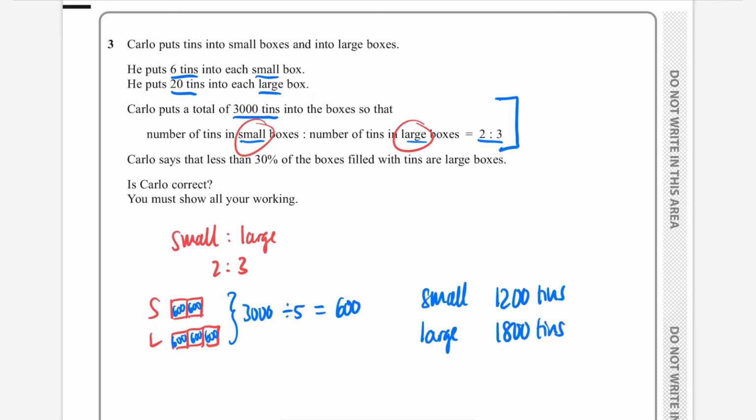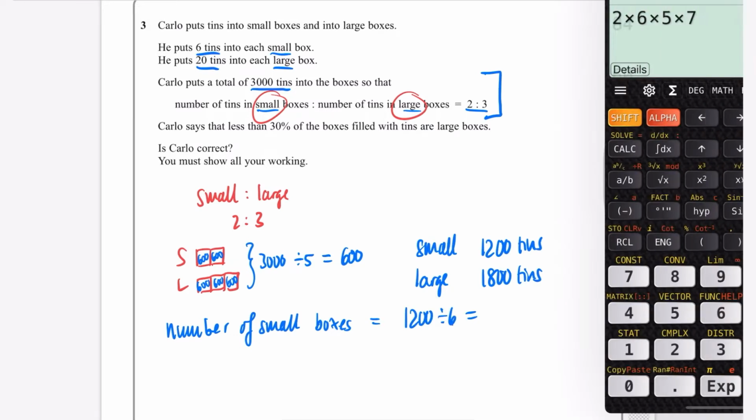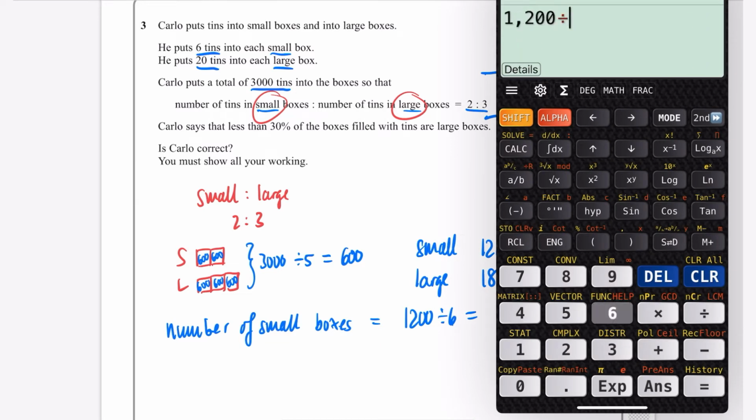Now I'm actually going to read what the question says. Carlo says that less than 30% of the boxes filled with tins are large boxes. Okay, so we now need to think about the boxes that are being filled, not these boxes, but the boxes that are being filled with tins. So there are 6 tins in each small box. So the number of small boxes is going to be the 1200 divided by 6, which of course we can do on a calculator if we're feeling lazy and we want to check it.